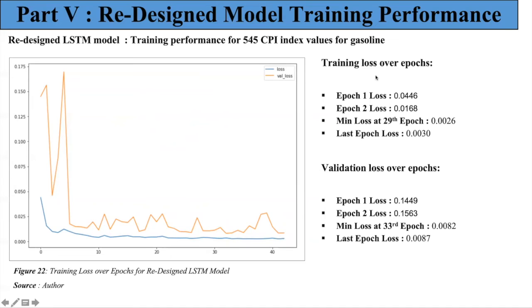The minimum training loss was achieved on the 29th epoch, 0.0026, and the minimum validation loss was achieved at around the 33rd epoch, 0.0082, which is not significantly different from the last epoch. So this model is restored to use the weights as of the 33rd epoch. And I will be using that to apply to the testing and forecasting data set like I previously did.